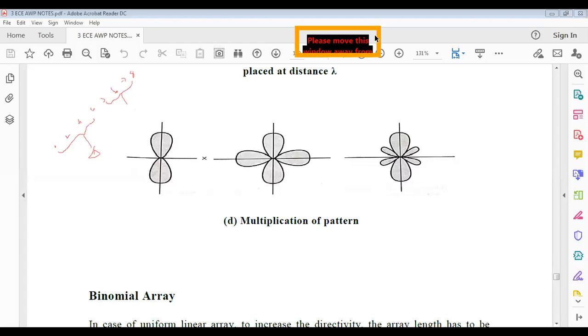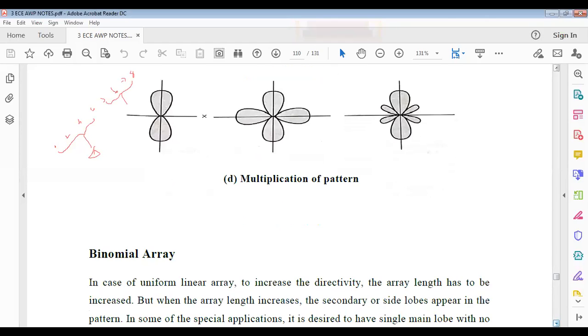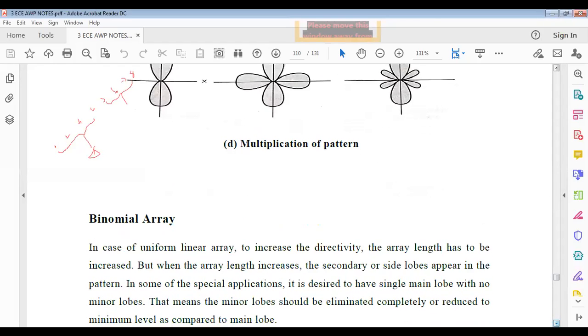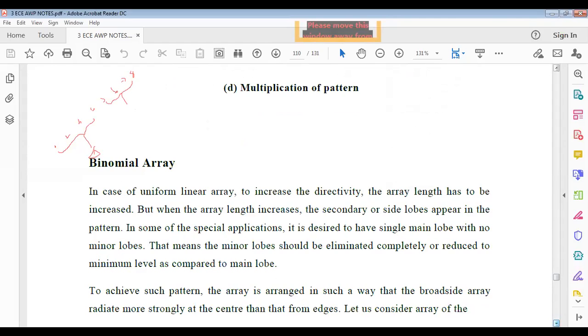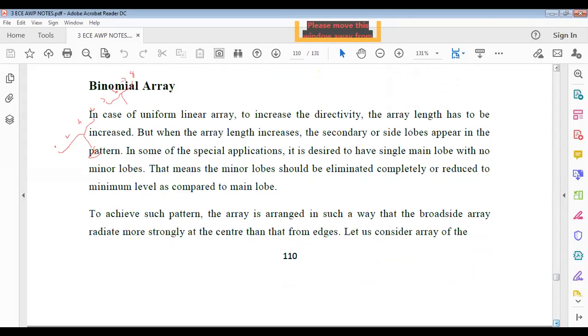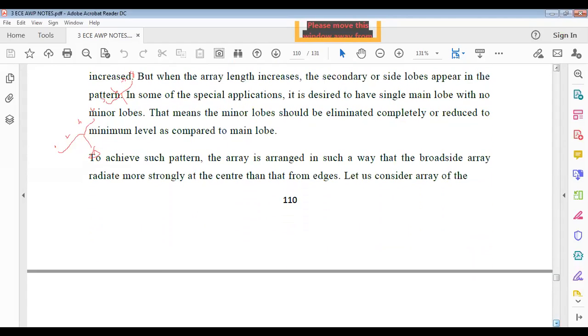this binomial array. Already you know what the binomial expansion is.